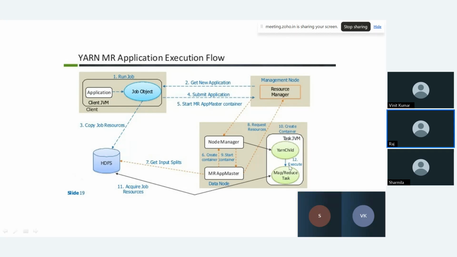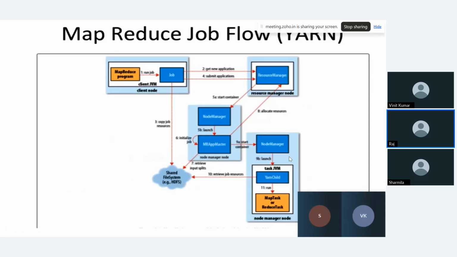That is, 8 containers are going to be created on different node managers, and they will execute those mapper and reducer tasks. Finally, once that is done, my final result will be returned back to my client, right? So this is how it happens.